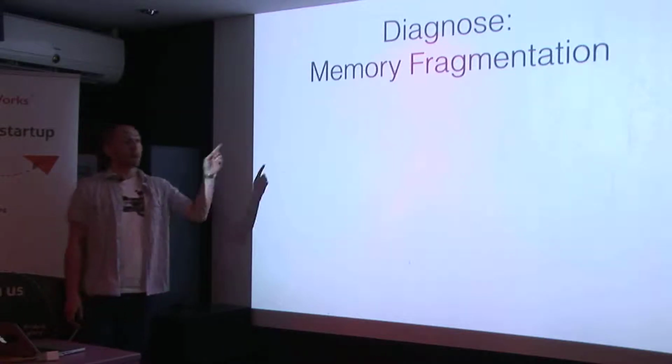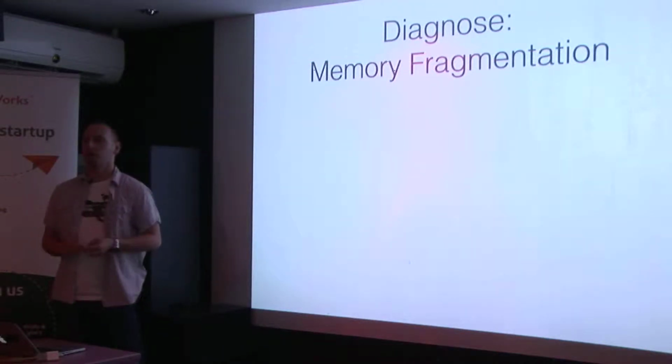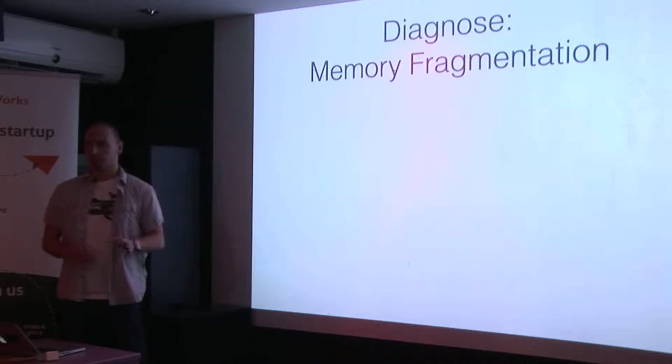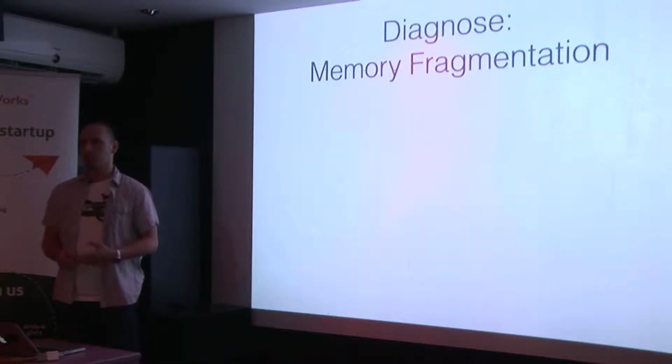So before I talk about what memory fragmentation is, let me just remind you how the Linux kernel treats your program. There are a couple of different kinds of memory you can request from the kernel. But the most important one, the one you mostly work with in Python, is the heap.